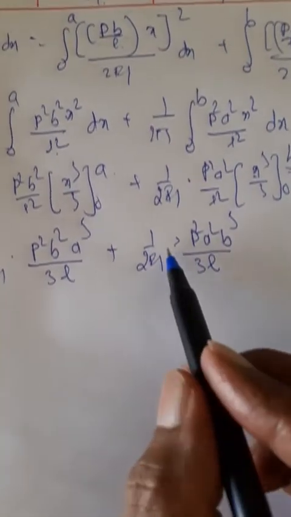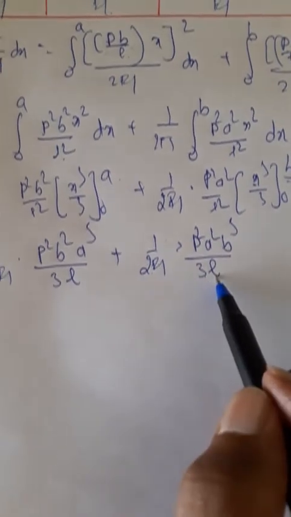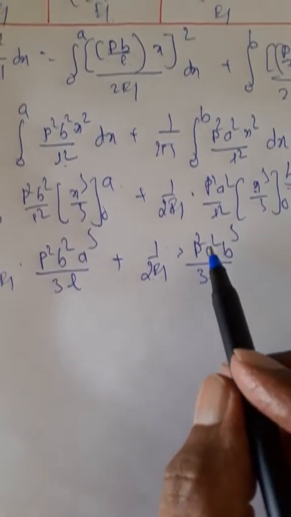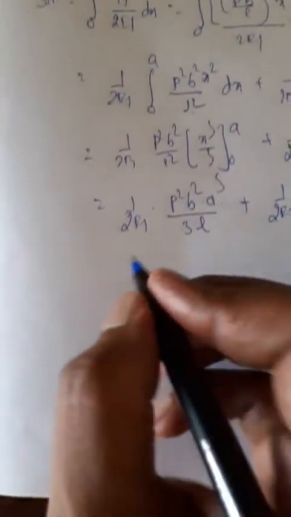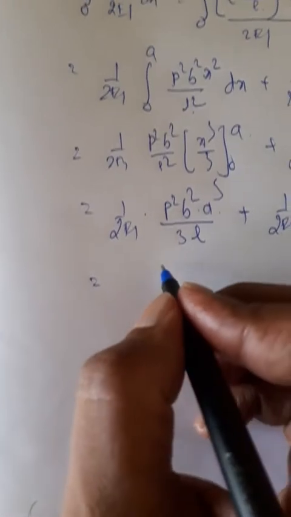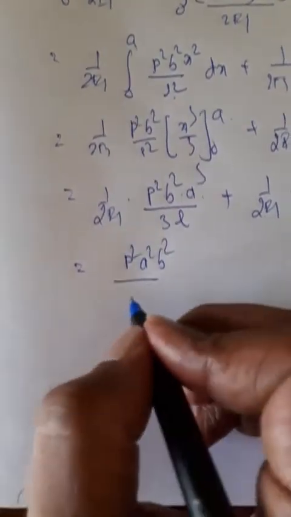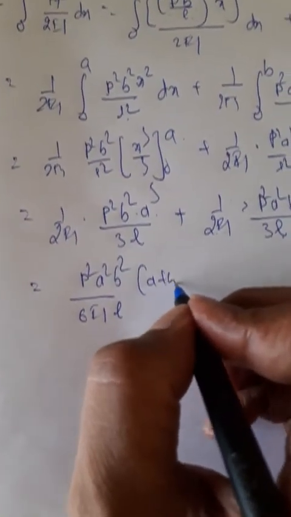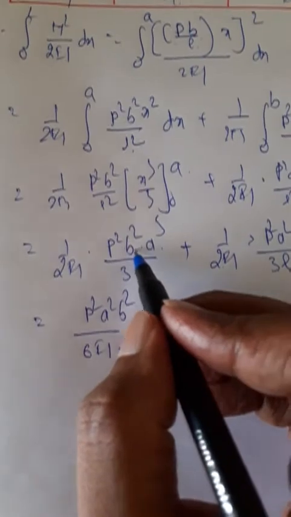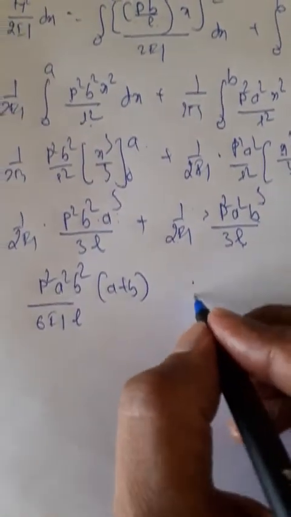The common terms are 1 upon 2 EI into 3, so 1 by 6 EI L. Next P square A square B square are common terms, so I can very easily write P square A square B square by 6 EI into L into bracket A plus B. When I take P square A square B square, here A remains, here B remains.